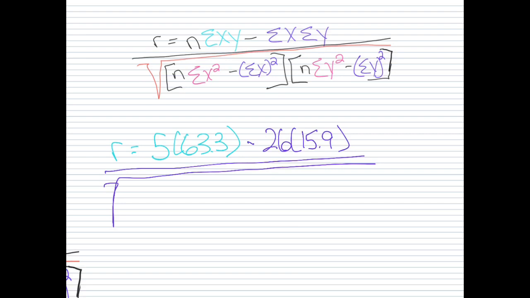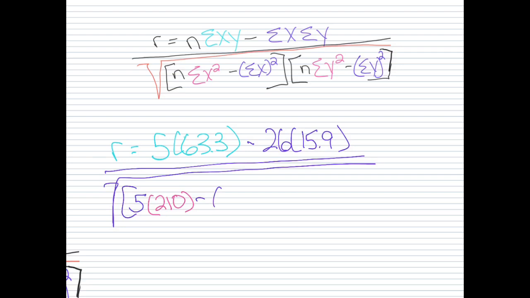Here we have our N again, which is 5. That looks more like a 5. Times 210, which is the sum of our x squared column.